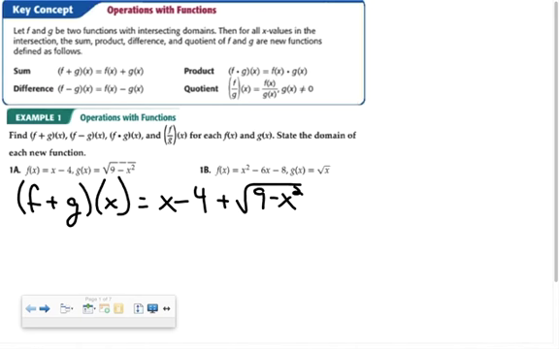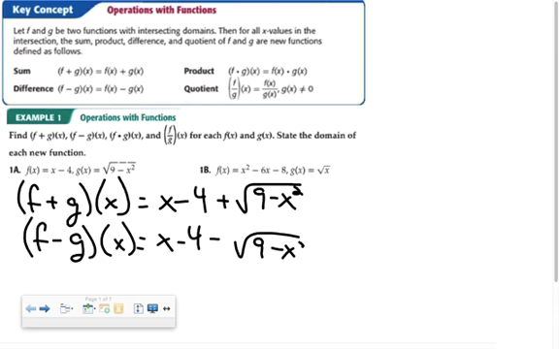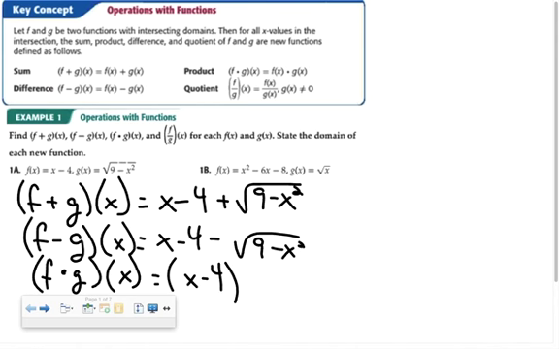I'm done. The f minus g of x is x minus 4 minus the square root of 9 minus x squared. The product of these is x minus 4 times the square root of 9 minus x squared.